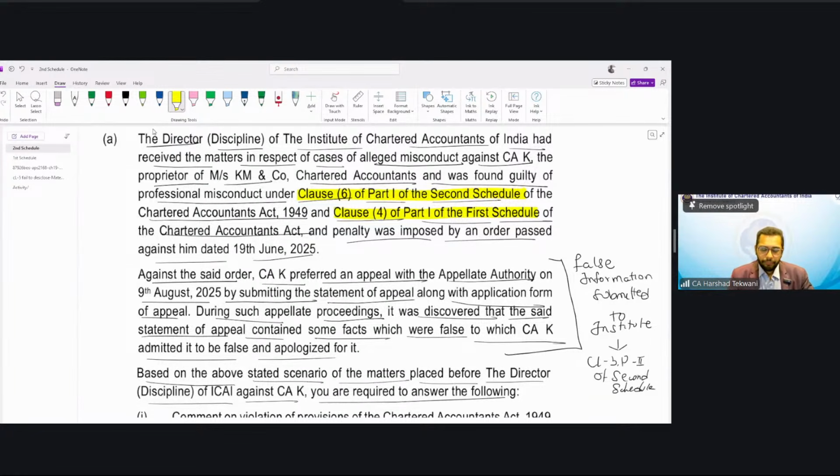Okay. Now, when is the 90-day window getting over? Can anyone tell me? When is the 90-day window getting over from this particular date? Let's say, for example, in this scenario, 19th June is the date.